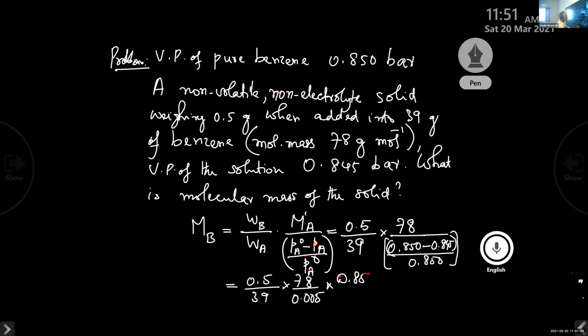Now you simplify. You will get the molecular mass. Some of them will be cancelling. And what will be the value? Find it out. What is the unit of molecular mass? Either gram per mole, or you can write u.